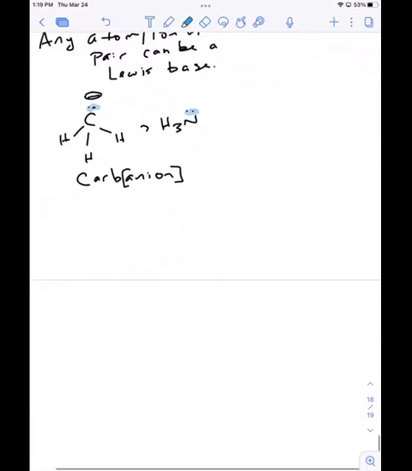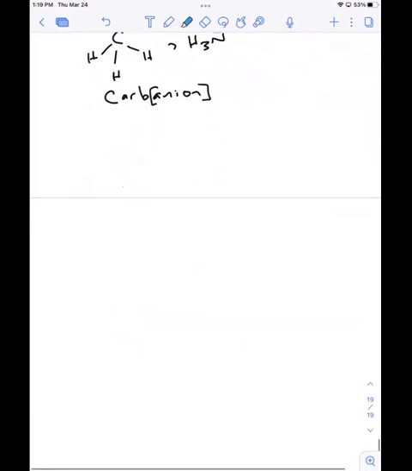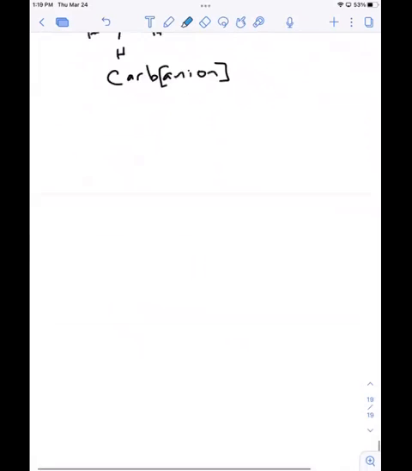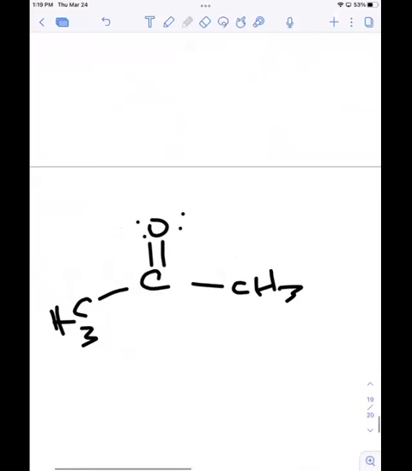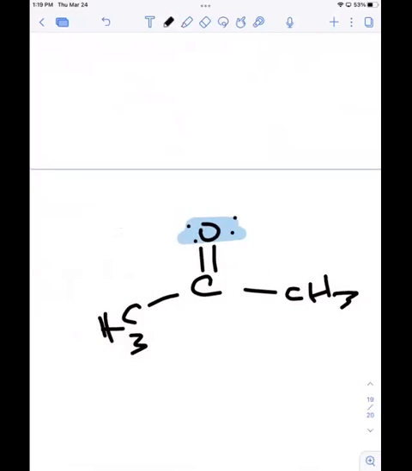An example of a Lewis acid, Lewis base relationship would be here. If I had something like acetone, this oxygen right here with these lone pairs would be considered Lewis basic.